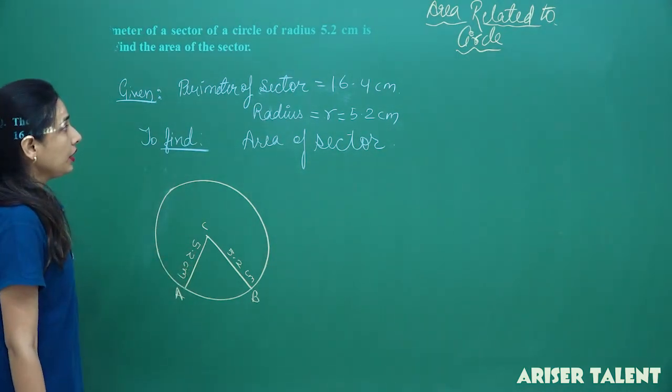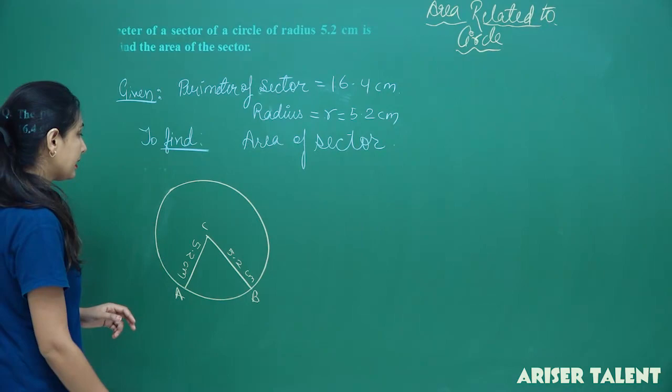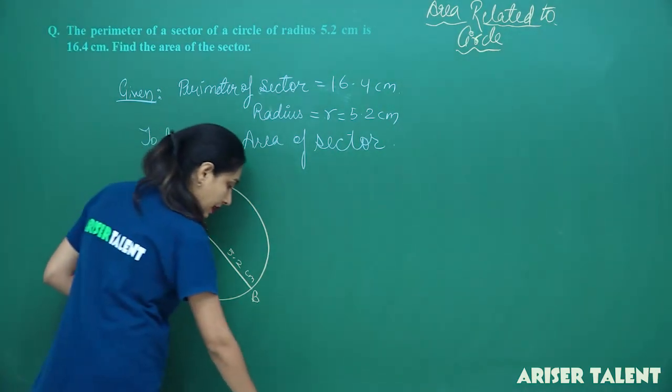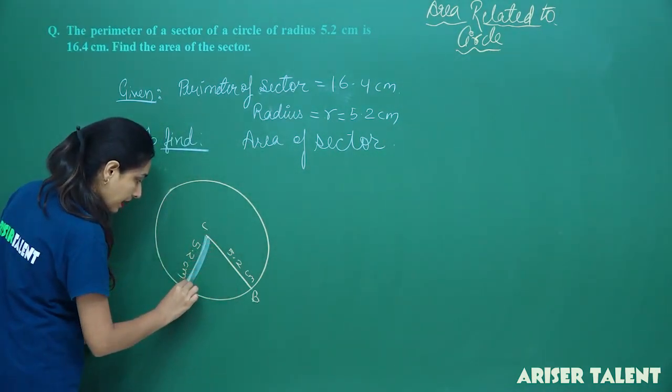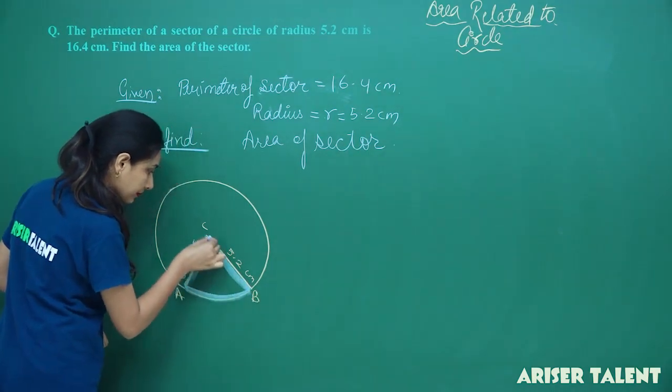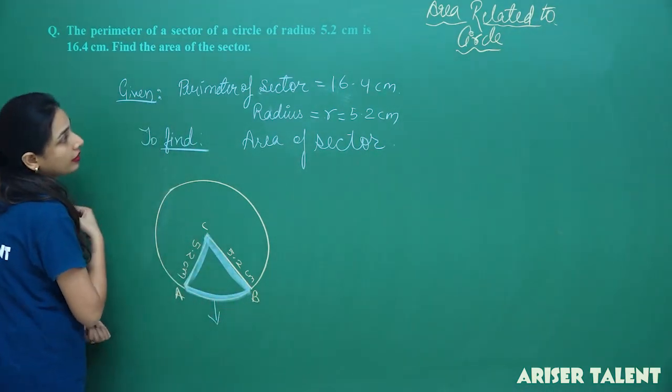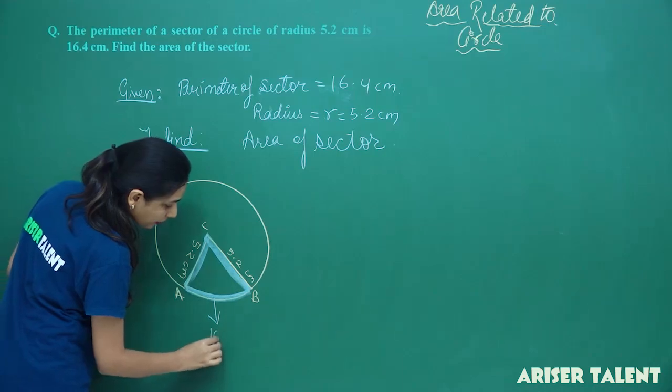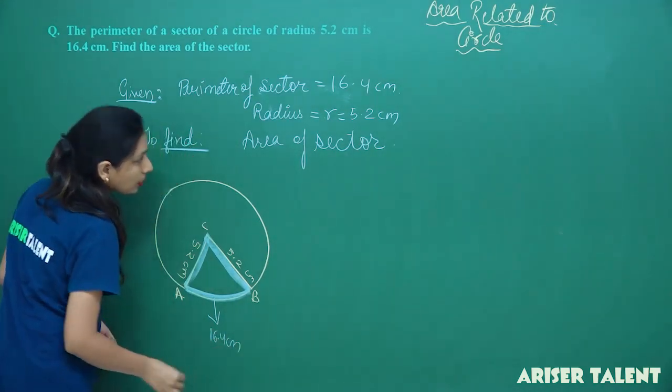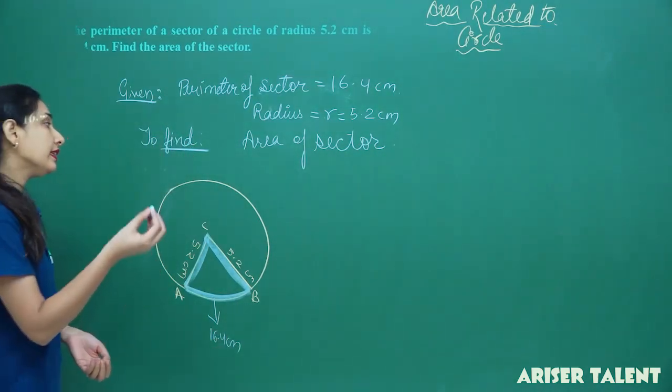Now the perimeter of the sector is given. That means this complete perimeter is 16.4 centimeter. Now I have to find the area of the sector.